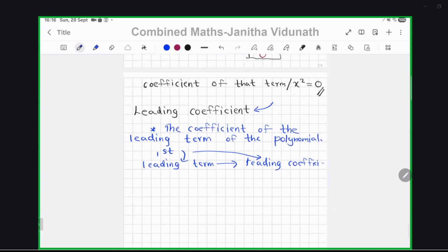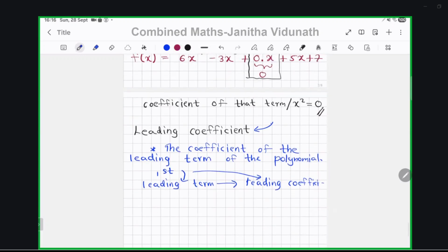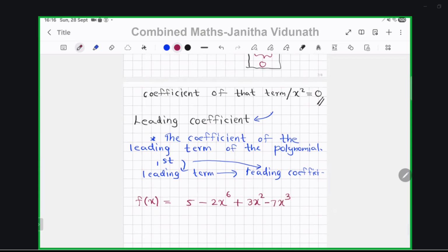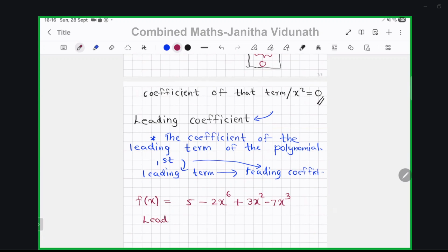Okay, let me give an example for that. Think we have f(x) equal to 5 minus 2x to the power 6 plus 3x squared minus 7x cubed. Now think we need to identify the leading coefficient.